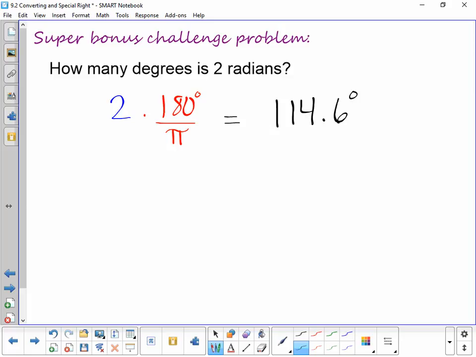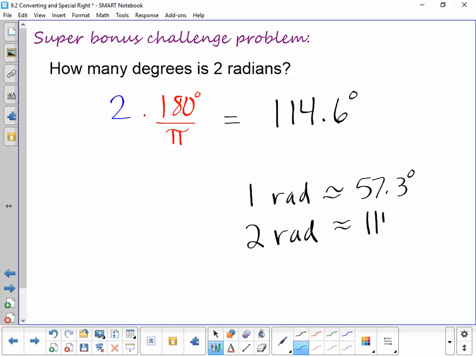Now, this makes sense. If you remember, yesterday we talked about how 1 radian is about 57.3 degrees, so it makes sense that 2 radians would be twice that, about 114.6 degrees. So be careful. Don't assume there's a pi if there's not one.